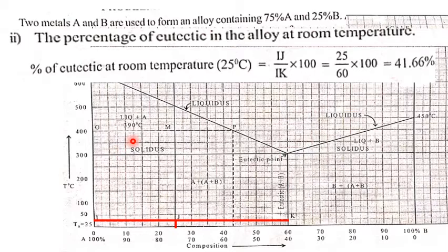So constructing the phase diagram is an important one. Once we know how to construct that, interpretation is easy with the help of the Gibbs phase rule and the lever rule.